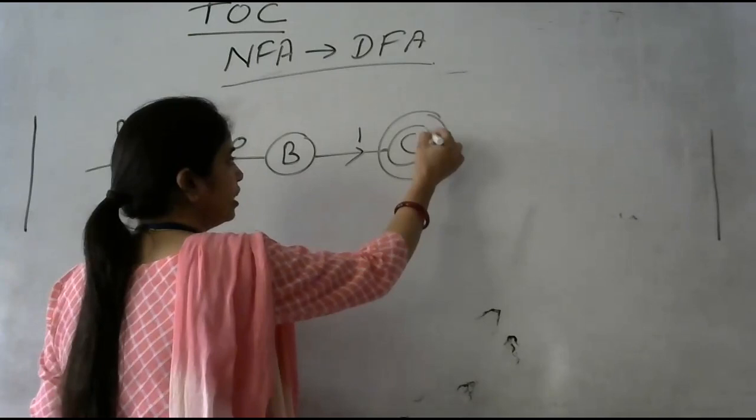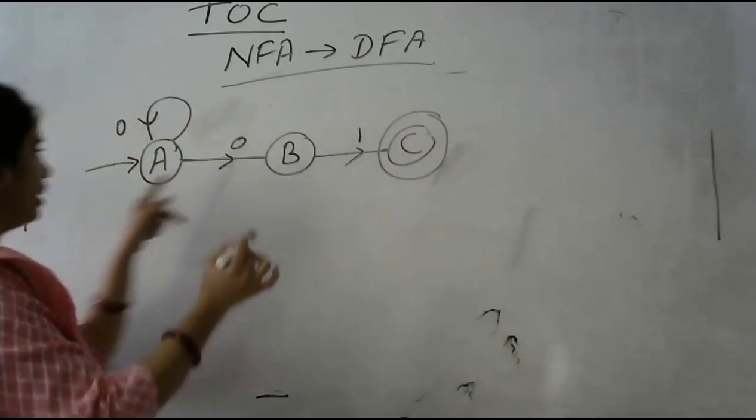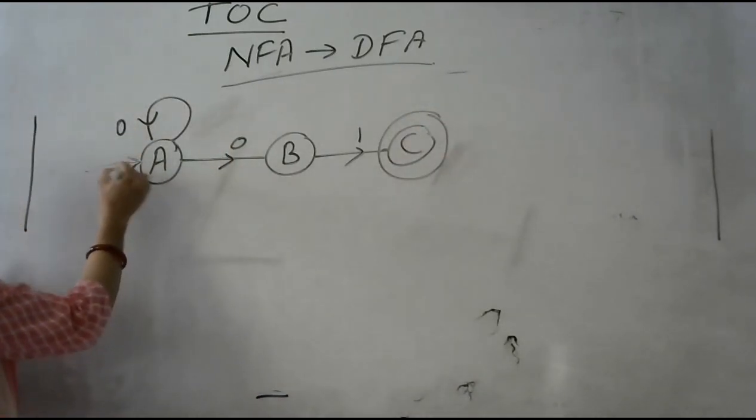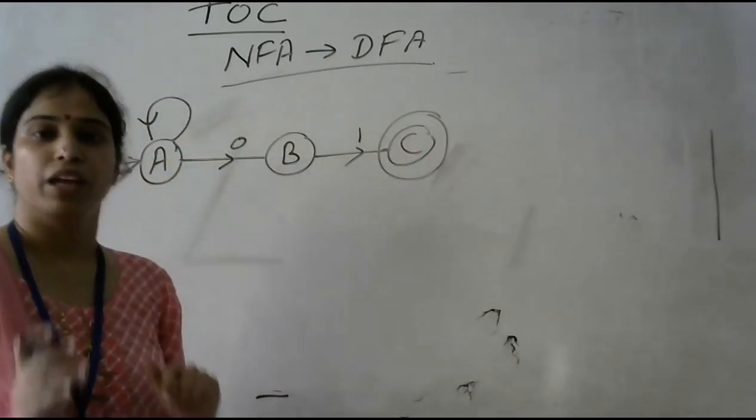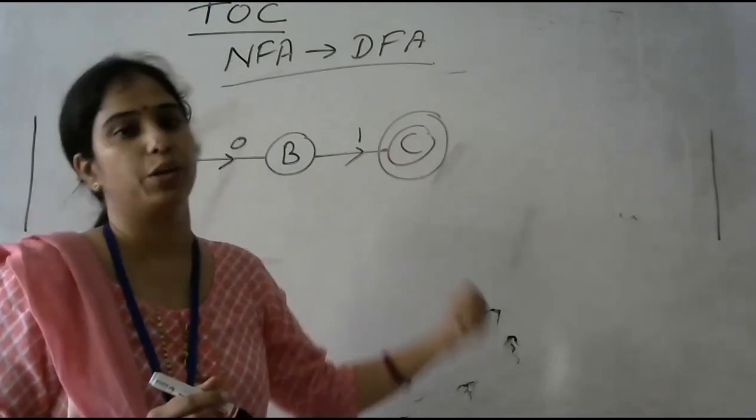Final state is shown with a double circle, and initial state is shown with this arrow. This is the initial state, this is the final state. Now, we have to convert this NFA into DFA.